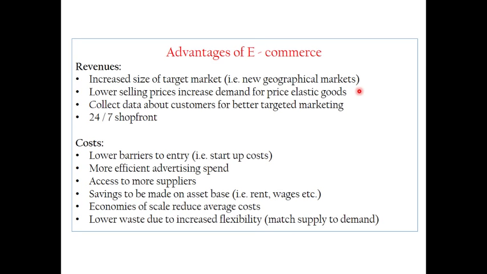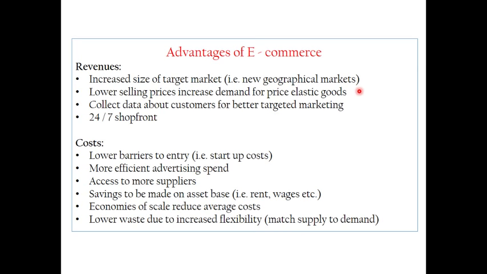Once you've got a website, of course, your product can become national or even global. You can attract hits from all over the world, and you increase the size of your target market dramatically, which can increase your sales and get more money in.